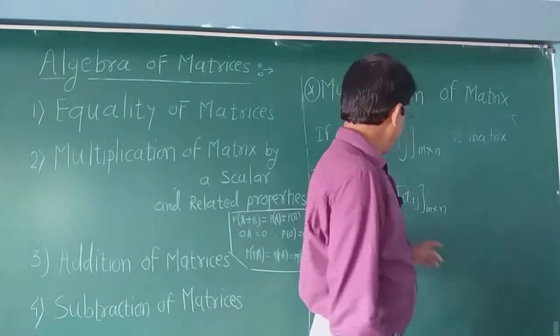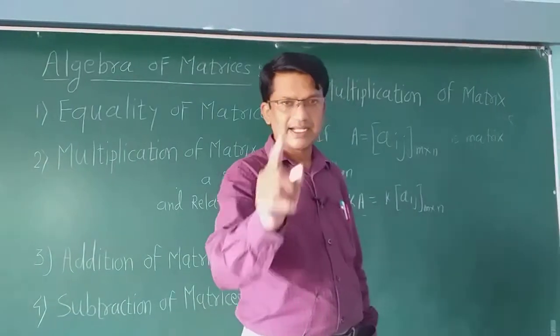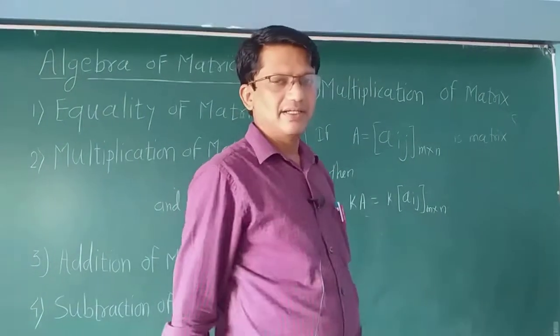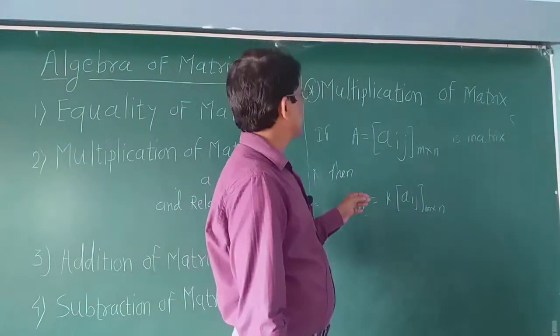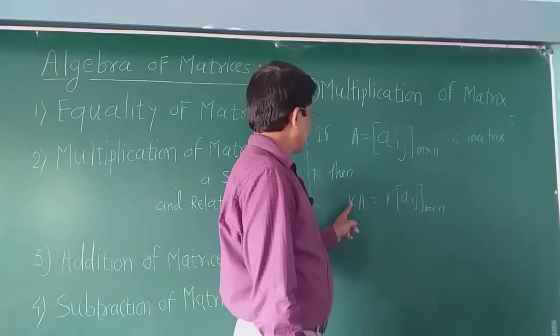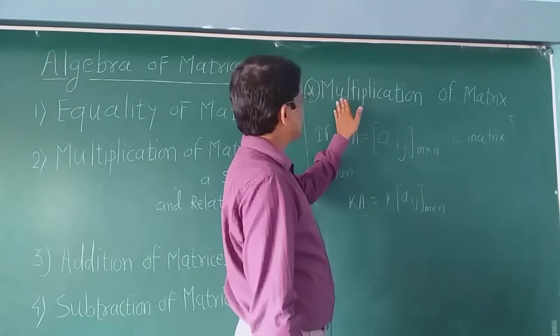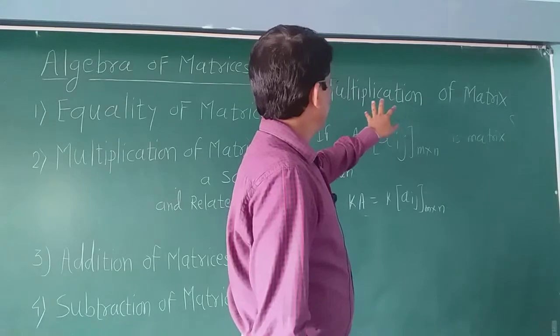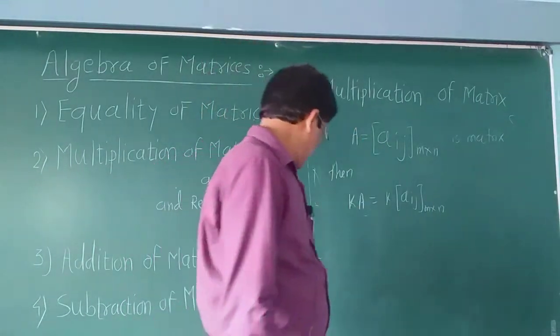So by multiplying k with each element of a given matrix, we get a new matrix which consists of the number k with each element of the matrix. This concept is called matrix multiplication of a given matrix by a scalar.